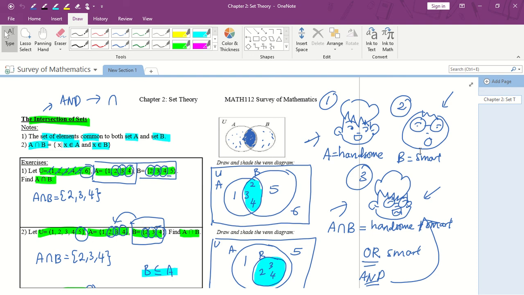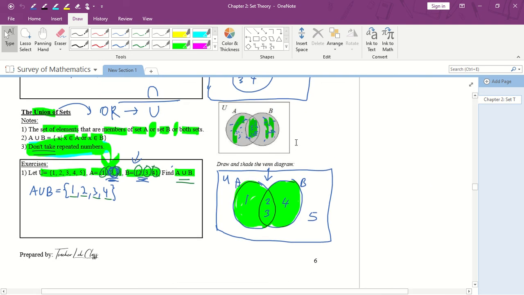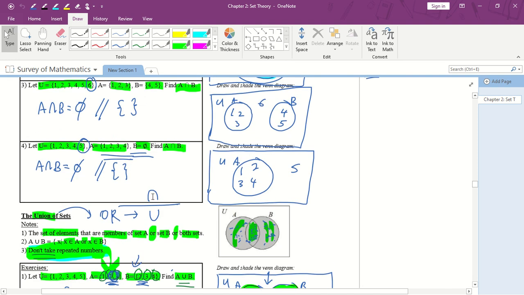However, for union of sets, either handsome or smart is okay, so you have three options here. So this is union, and it means the whole thing here. Remember, intersect uses a sign like an upside-down U, and union uses a U sign.